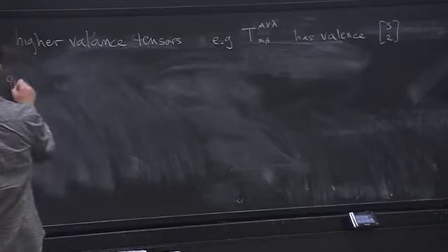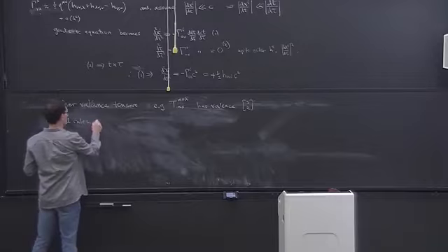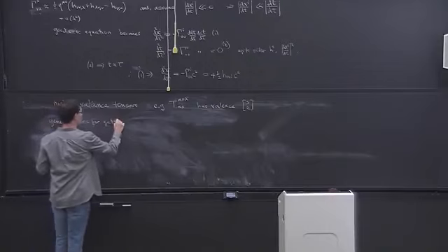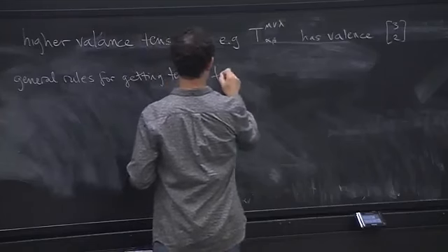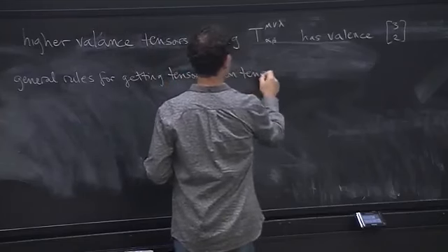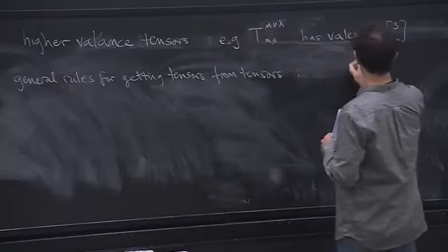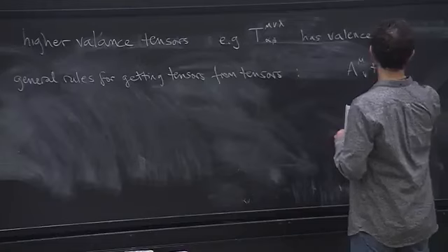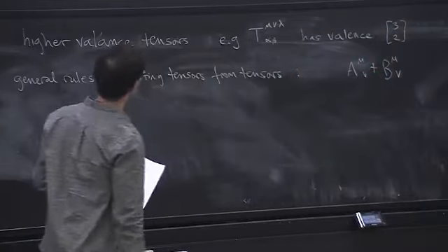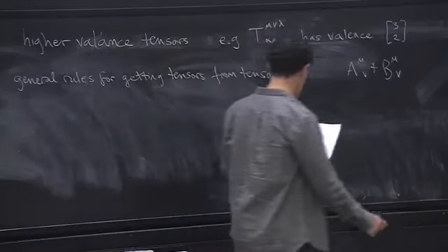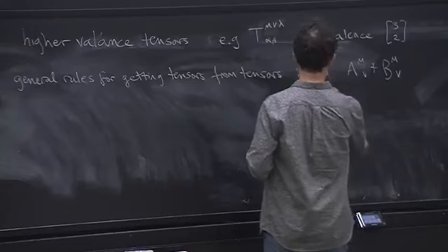And then there's some general rules for getting tensors from tensors. You can add two tensors, A mu nu plus B mu nu. That's still a tensor. You can multiply. So we can add, we can multiply.